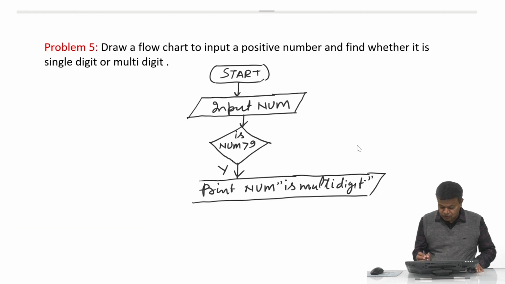See, I have used double quotation marks here because this thing will be printed as it is, and for this thing the value will be printed, value of the number, because the user will be inputting the value of number. So, same value will be printed here. After this, it will be printed as it is, multi digit. That is why I have used double quotation marks here, because whatever is written in double quotation marks will be printed as it is.